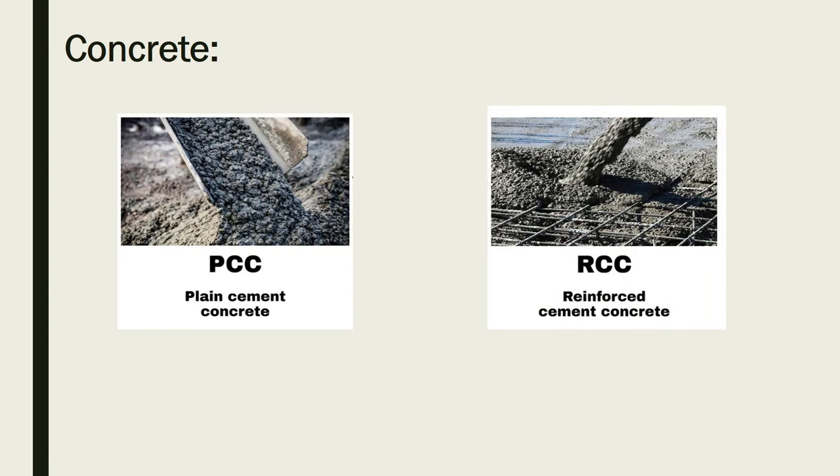If we look into different types of concrete, we have basically two types. One is PCC, that is plain cement concrete, and the other is reinforced cement concrete. I think you already know that concrete is very strong in compression but very weak in tension. It cannot take the tension. That is why, to take care of the requirement of taking tension, we provide reinforcement bars which take the tensile force, and the compression force is taken by the concrete itself.